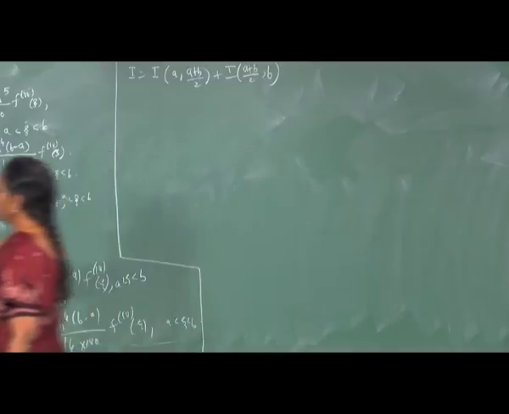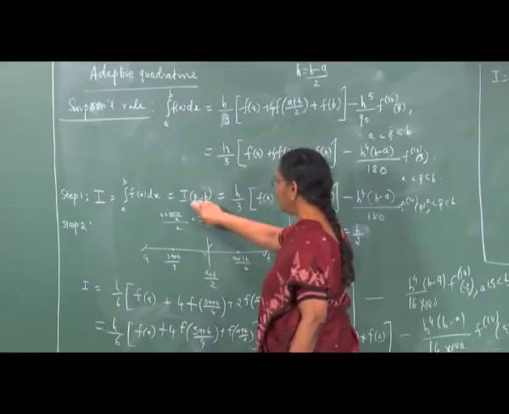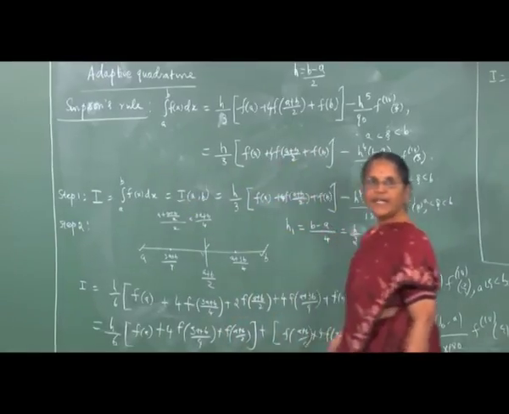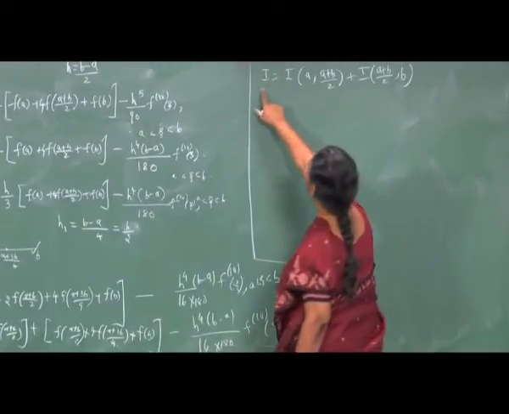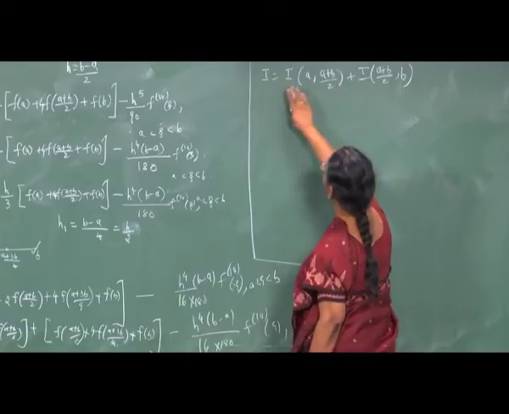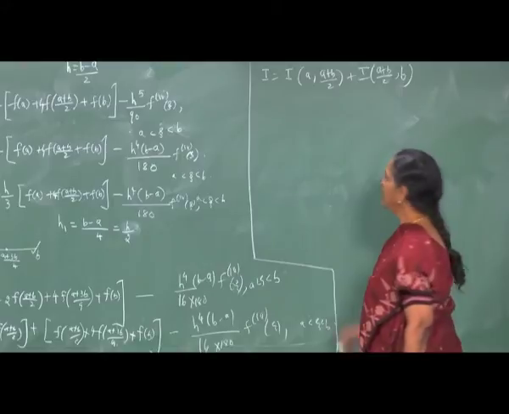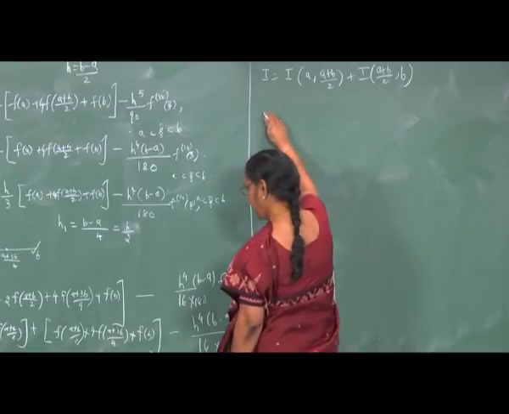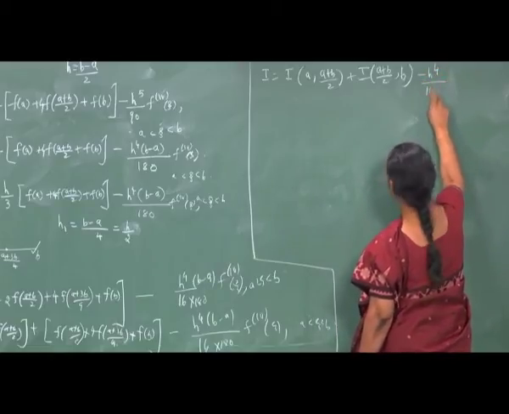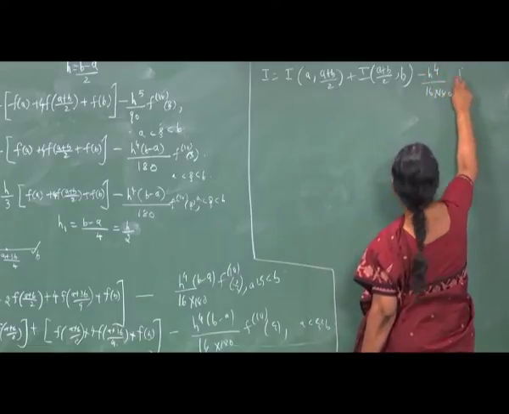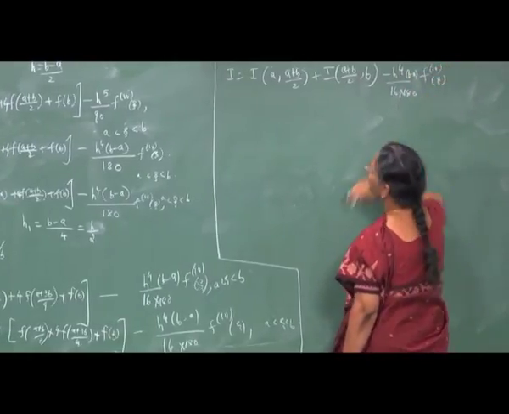Earlier, I was written as I of a b, where we had applied Simpson's rule in that interval a b by dividing it into 2 equal subintervals. Now, the same I is expressed as I of a to (a plus b) by 2 plus I of (a plus b) by 2 to b. And the error incurred is minus h power 4 by 16 into 180 into (b minus a) into the fourth derivative at psi.